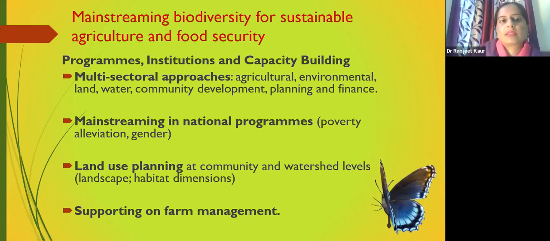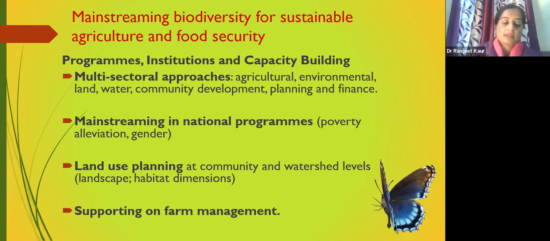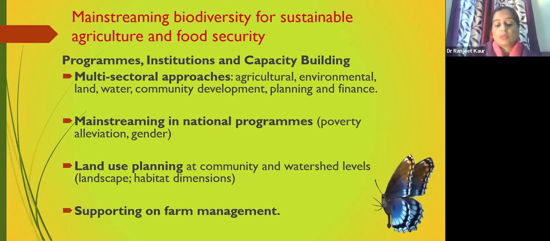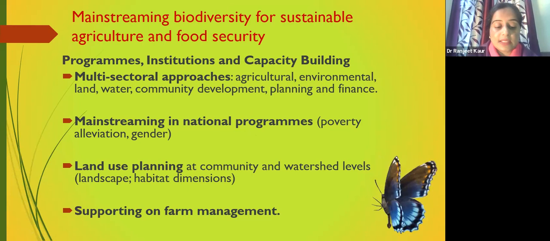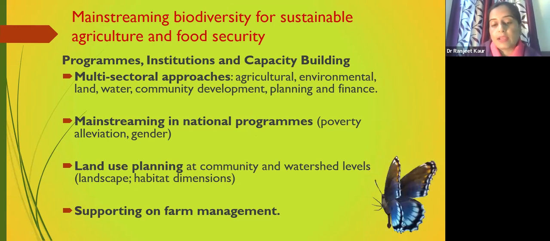So, mainstreaming biodiversity for sustainable agriculture and food security. What we can do at our end, or what has to be done. Incorporation of the principle into national policies and strategies, and dedicated support to farmers in order to give them necessary knowledge, opportunities, and means to explore the advantage of agroforestry.